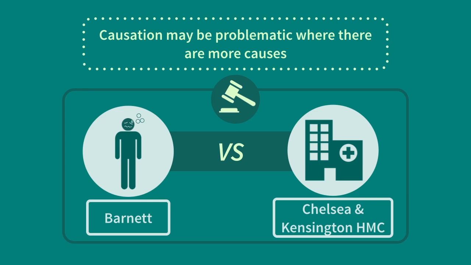The patient subsequently died from arsenic poisoning. While it was held that the doctor had been negligent in not examining the patient, the evidence indicated that he would have died anyway. Consequently, the doctor's conduct did not cause his death, and he could not be held liable under the tort of negligence. See also the case of Chester v. Afshar.